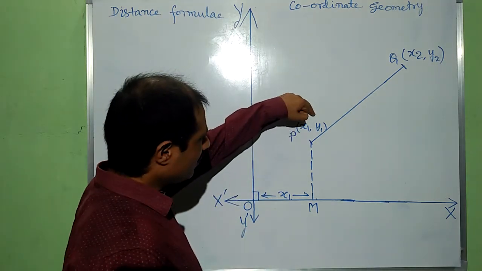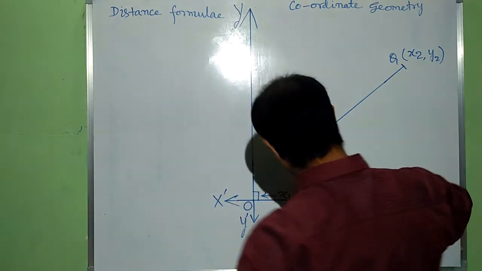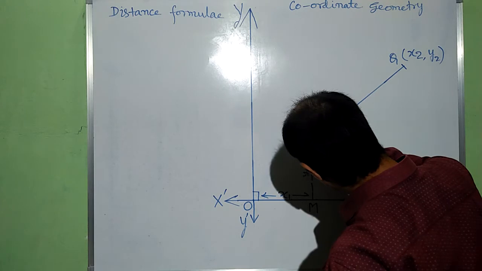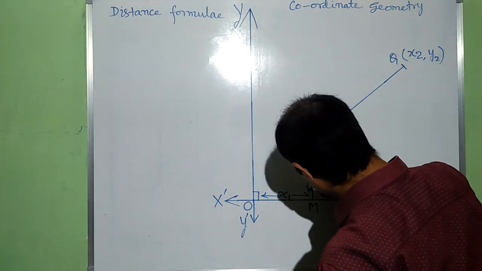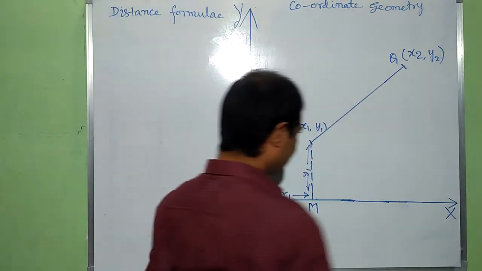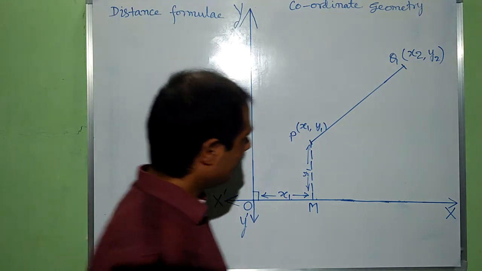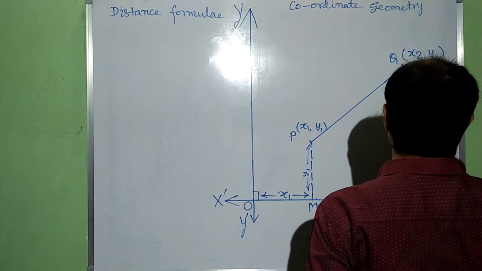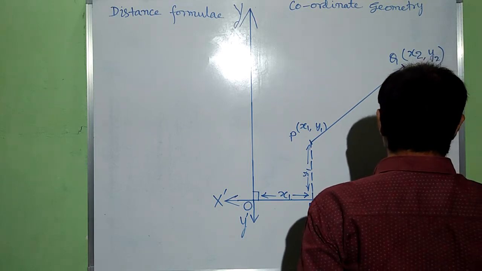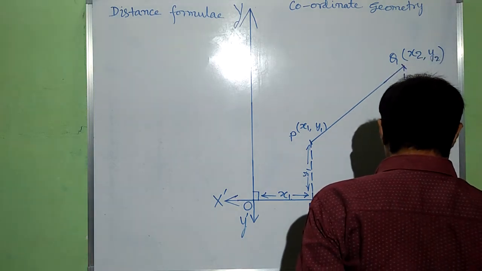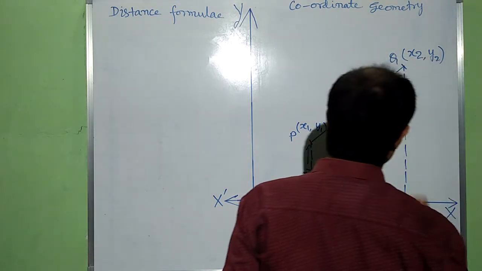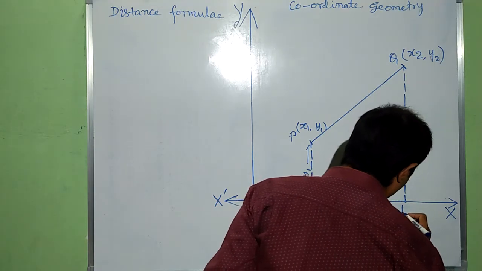Second element is y1, so this will be y1. Similarly, this is also perpendicular on the x-axis, and this point is N.